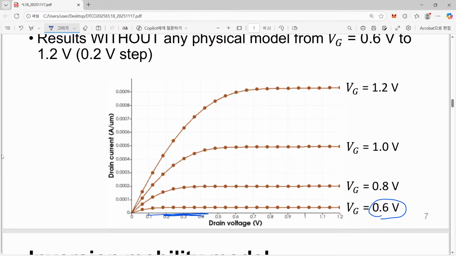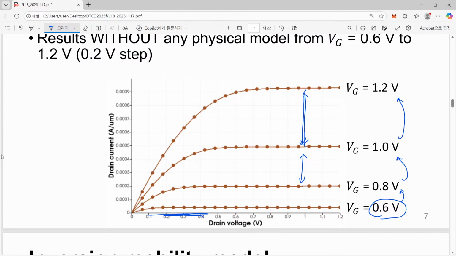However, after that, when we increase our gate voltage by about 0.2 volt, then now we have a saturation current that is increasing quite rapidly. I mean, this difference and this difference, are they equal, or which one is larger? Of course, this one is larger.